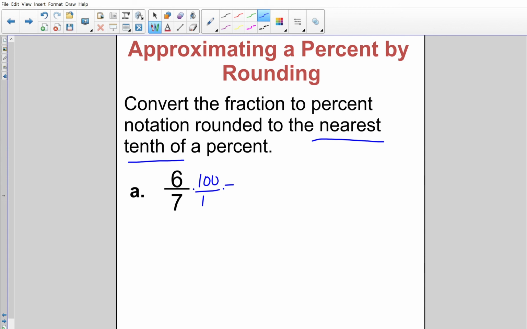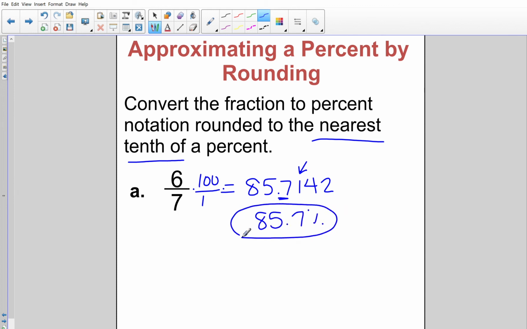Or I can take the top divided by the bottom to get a decimal. And so when I get the decimal, I get something like 85.7142, etc. So they want 10ths. So I'm going to look at the 1 here, and that 1 does not round that up, so this is just going to be 85.7%. That's my rounded answer.